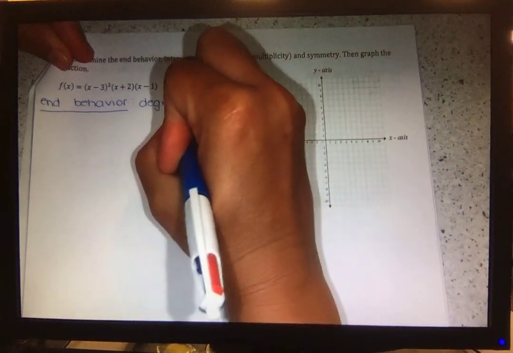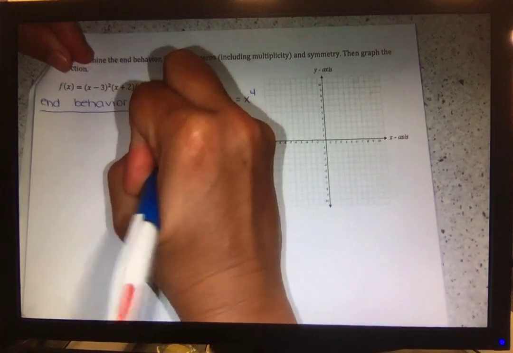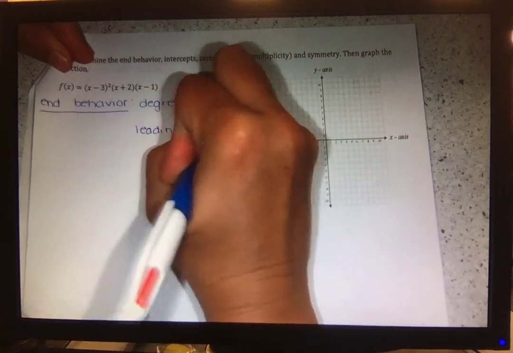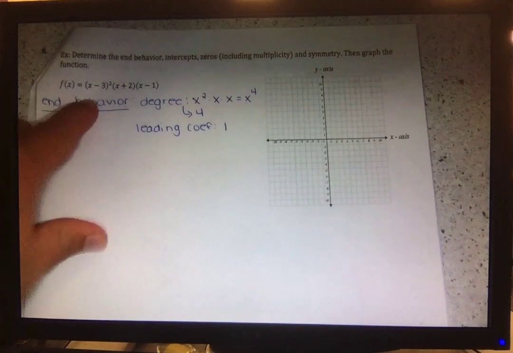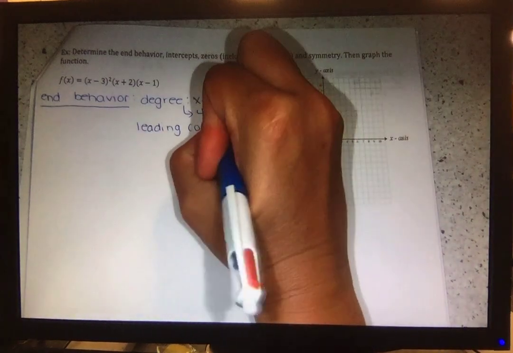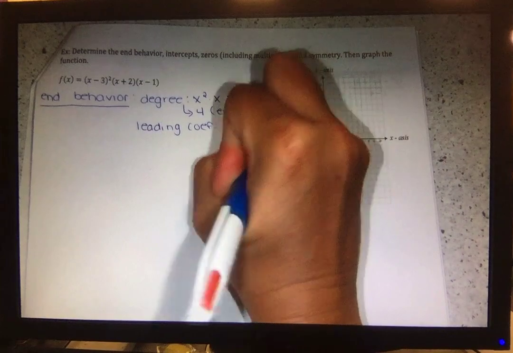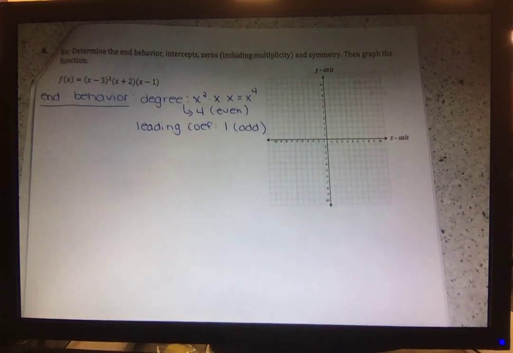So our degree is 4. What about leading coefficient? 1. Good, same concept. 1x squared times 1x times 1x will give us a leading coefficient of 1. So our degree is 4, which is even. Our leading coefficient is 1, which is odd. So what is our end behavior going to look like? Yeah, rising, rising.